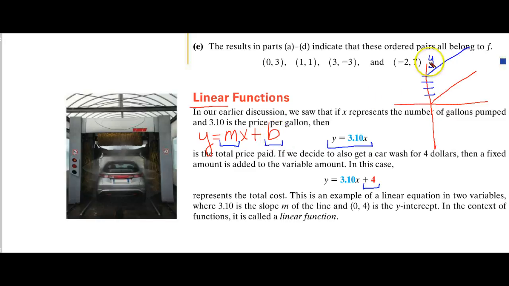B is called the Y-intercept. So it's going to cross or touch it at 4. Here, there wasn't any Y-intercept, so it touched it at 0, which is what is right there at the beginning.